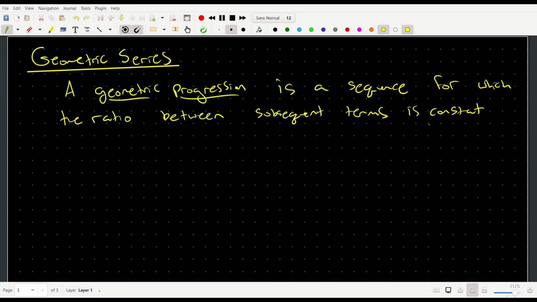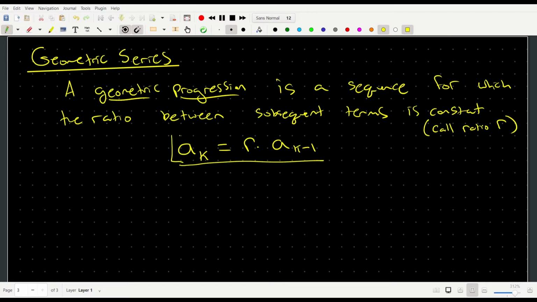We'll call this constant ratio R. So the recursive form of this geometric progression is going to be a_k is equal to R times a_(k-1). This is the recursive form of a geometric progression.